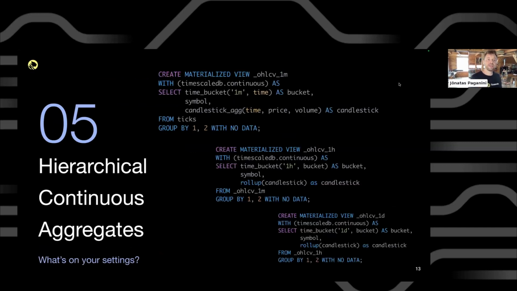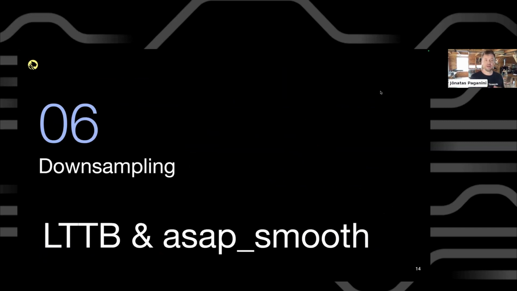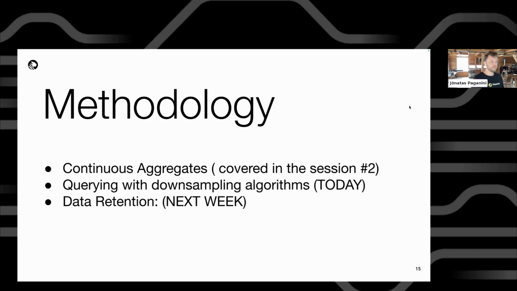Then we introduce the hierarchical continuous aggregates that allow you to roll up previous calculations, and it allows you to speed up your database. And today we are going to talk about downsampling, especially LTTB and ASAP smooth algorithms. So these are two things, and let's start with the methodology.